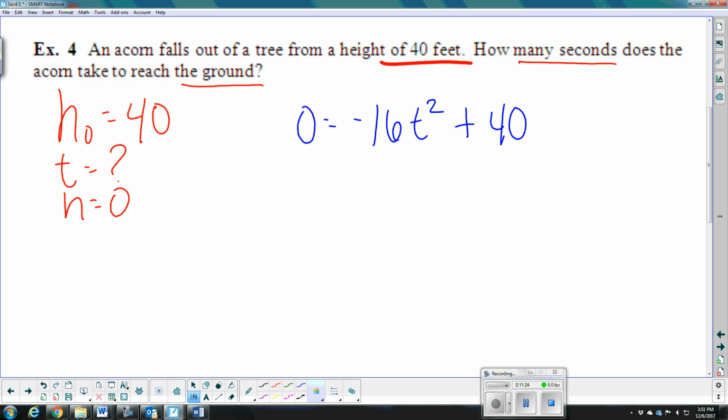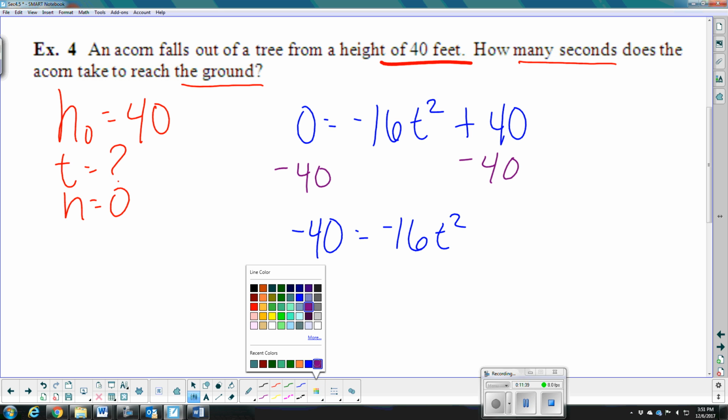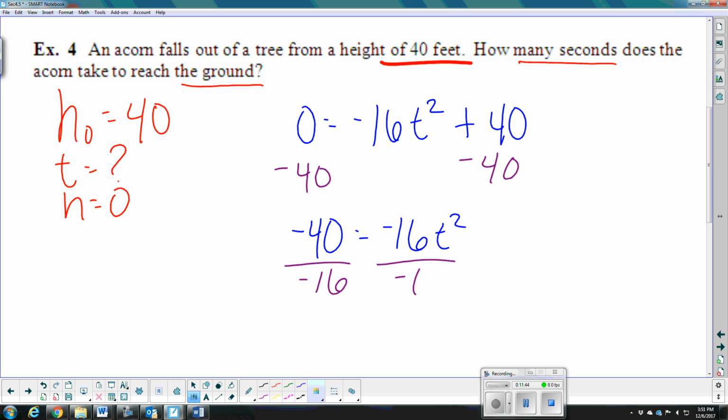So we can subtract 40 from both sides in order to isolate our squared term. And we get negative 40 equals negative 16t squared. Now we can divide both sides by negative 16.